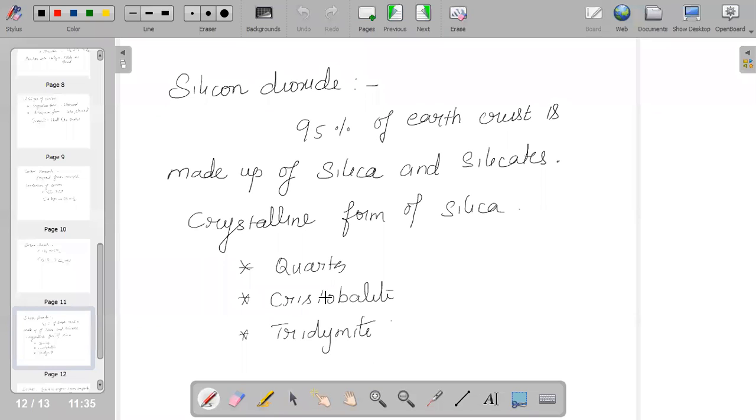Silicon dioxide is covalent in nature with a three-dimensional network of solid. The silicon atom is covalently bonded in a tetrahedral manner to four oxygen atoms.